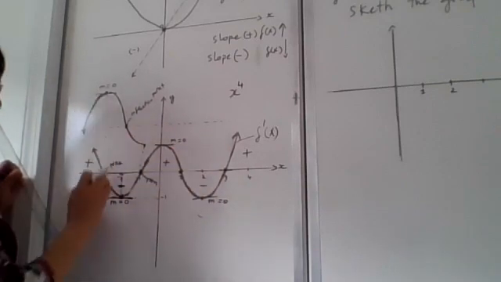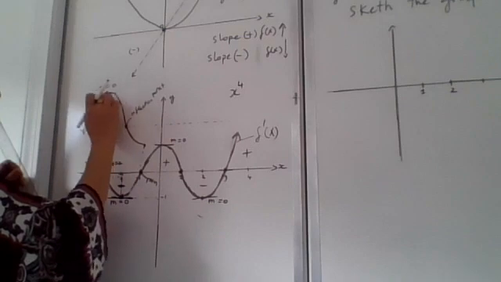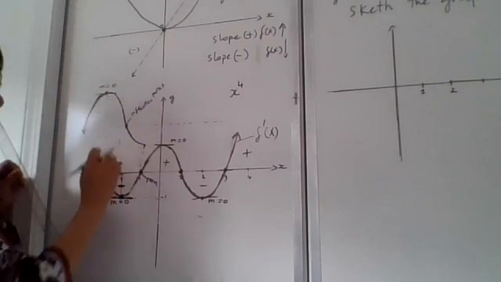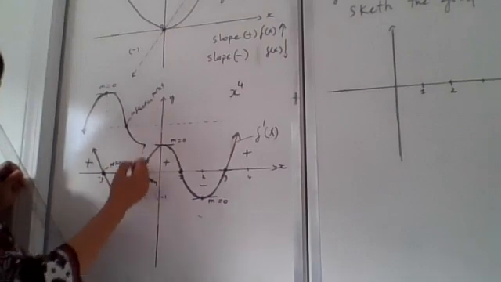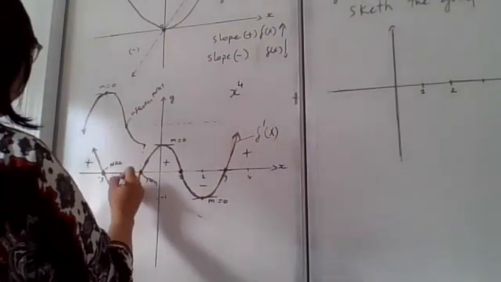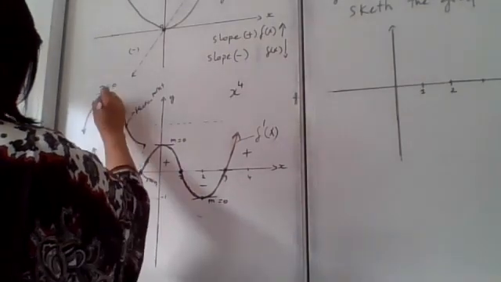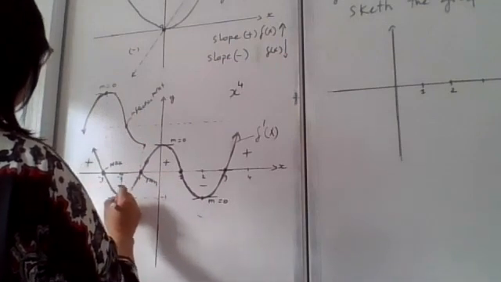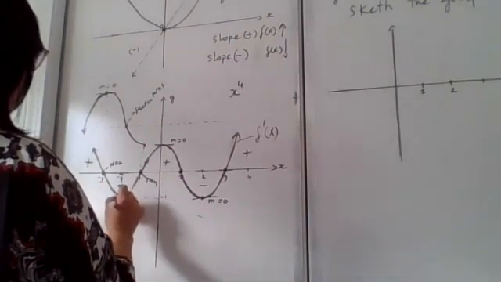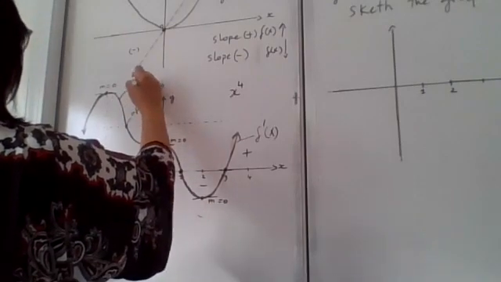So our function, at this zero of the derivative, has a maximum right here. We were talking about this maximum, and when we have a horizontal tangent, we know that this is our f(x) function, right?